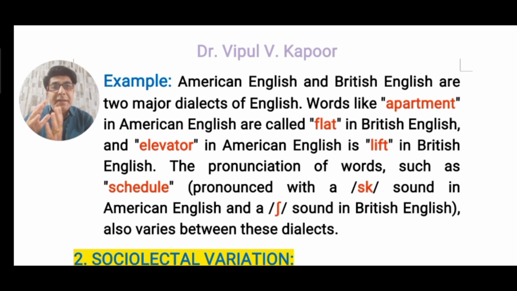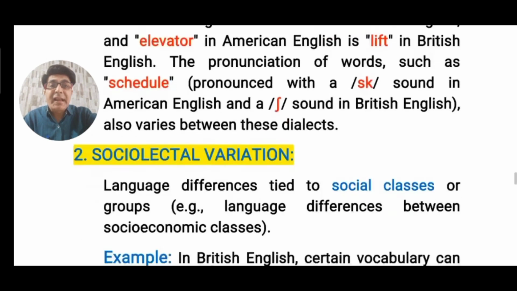In America, you have the word elevator, and in Britain, the word lift. In America, people say schedule, but in Britain, people pronounce the same word in a different manner. So there are differences between American English and British English. That is called dialectical variation in language.